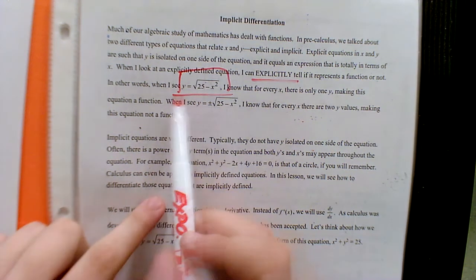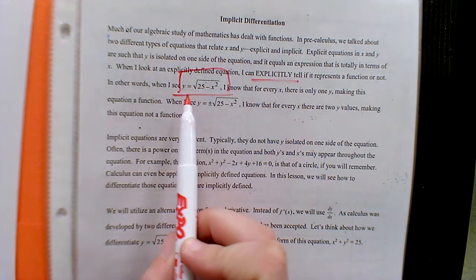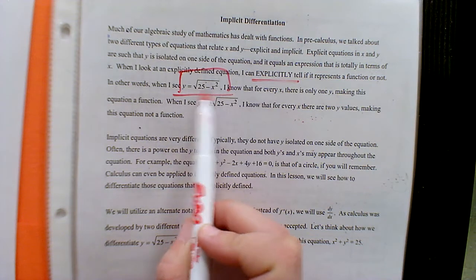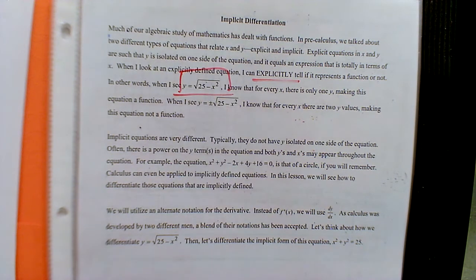The y variable is explicitly or exactly equal to something in terms of x. You could also have x equals something. In that case, x is explicitly equal to another variable.